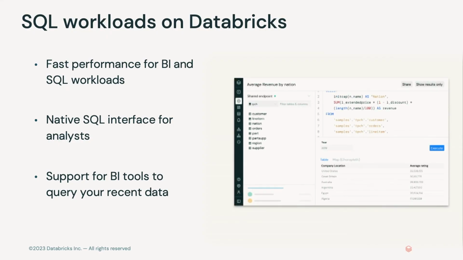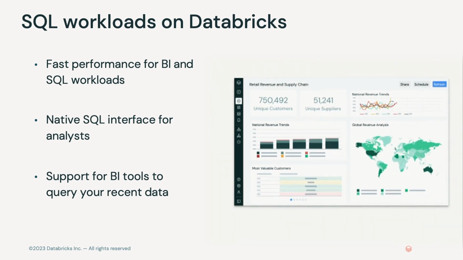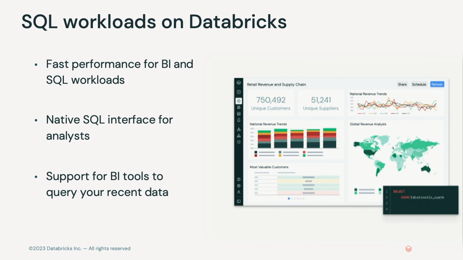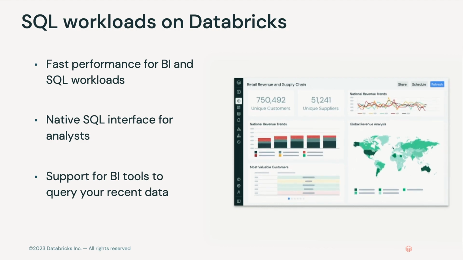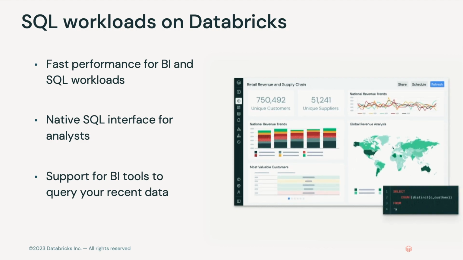So Databricks SQL is very fast performance for BI and SQL workloads. I mention this because it is, of course, built on a data lake, and so typically you wouldn't expect to get that kind of performance. But in reality, it's very competitive with many data warehouses in the industry. There's some great metrics on performance that I'd encourage you to look up online.